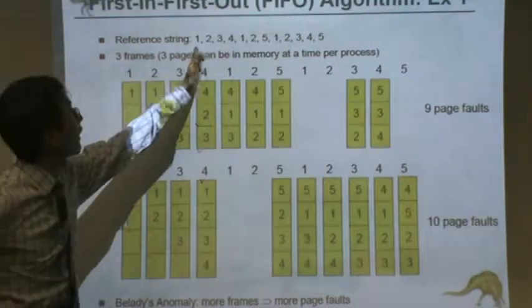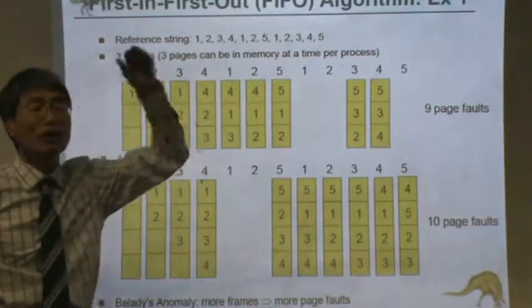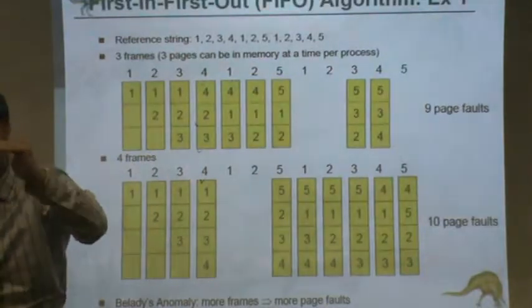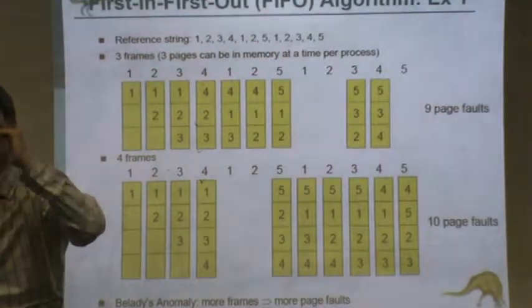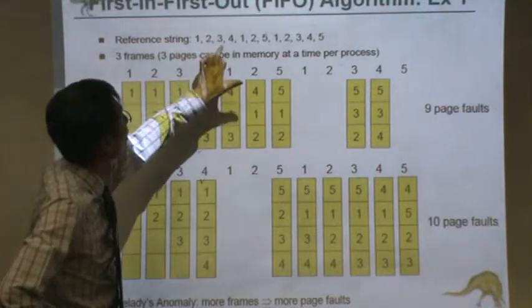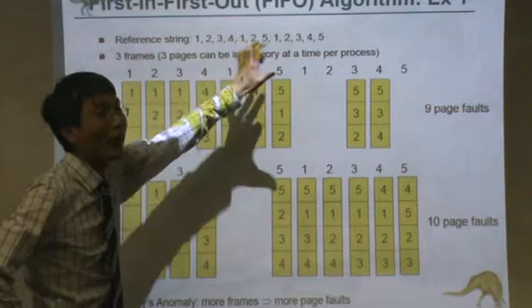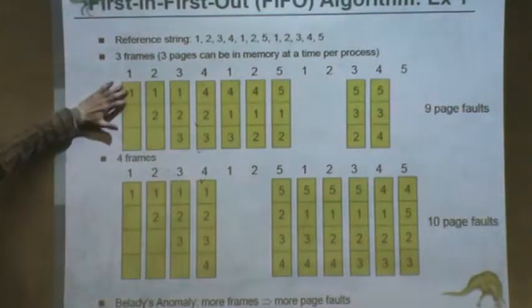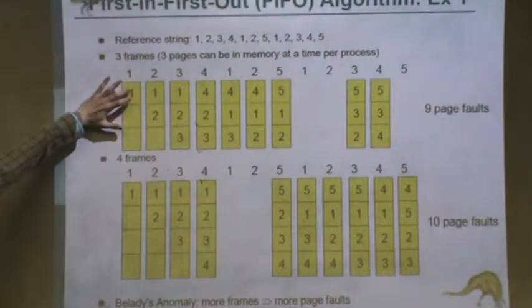So this is our reference string. This is the list of pages referenced by the CPU. The CPU has to access 1, next 2, followed by 3, followed by 4, and so on. First, this is a common mistake.